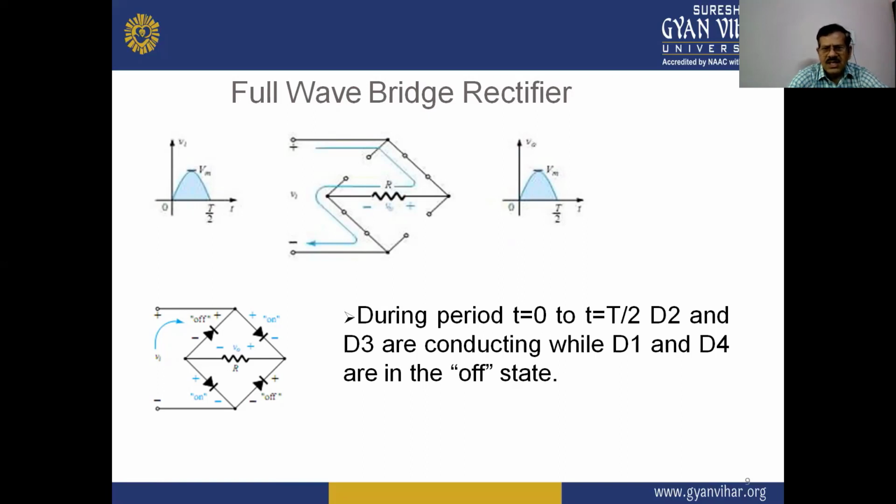It means that diodes D2 and D3 are in forward biasing, so they are conducting. But diodes D1 and D4 are in reverse biasing, so these two diodes are in the off state.